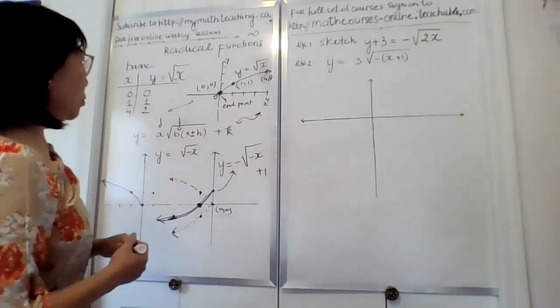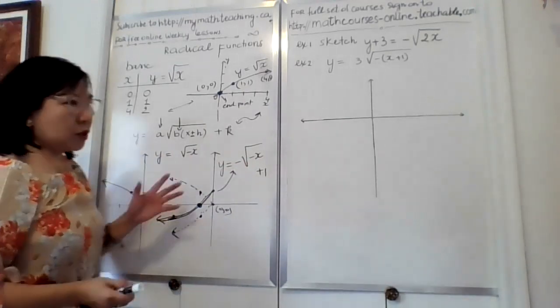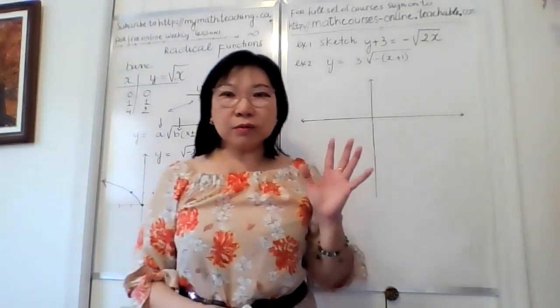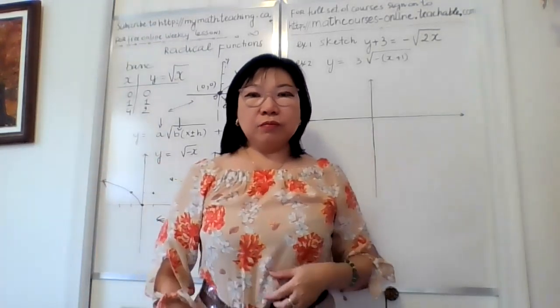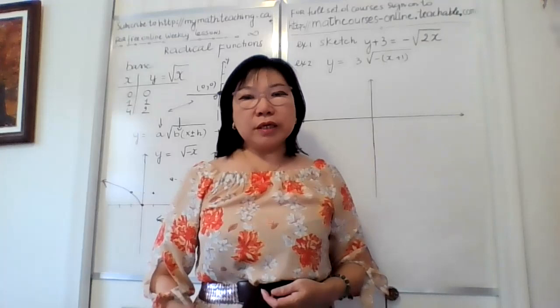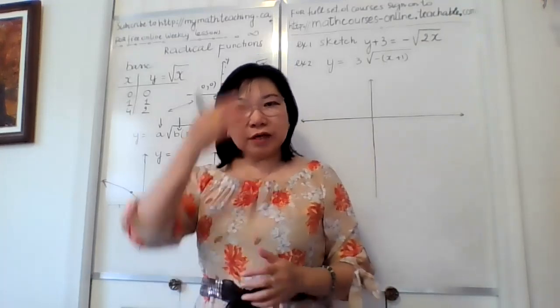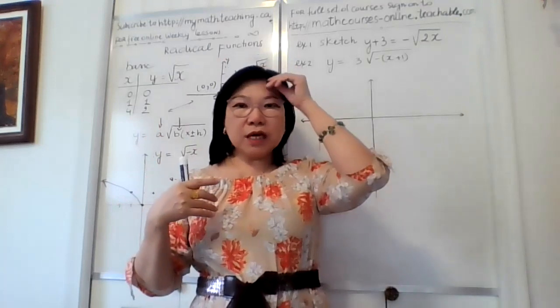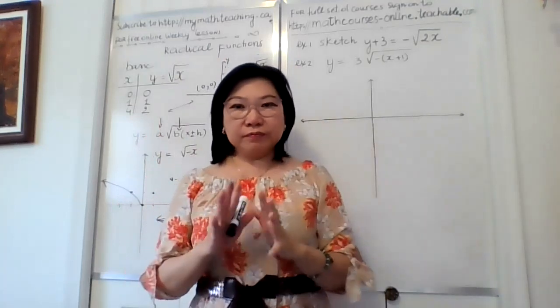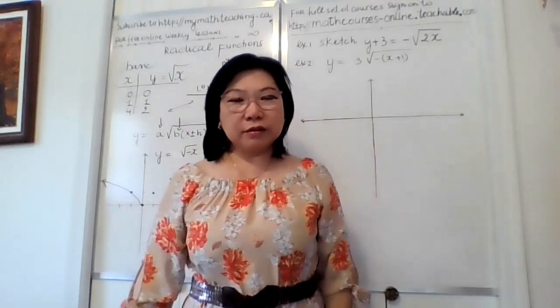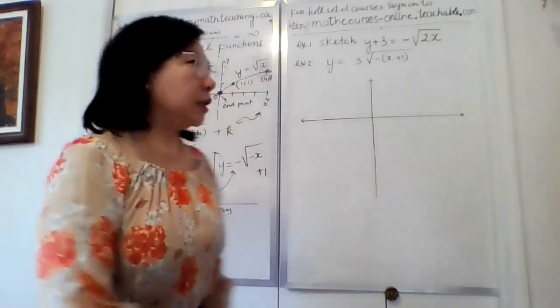Now let's talk about the domain and range. Anytime we look at a function, we should always look at the domain and the range of the function. That is a very important step in the sketching.